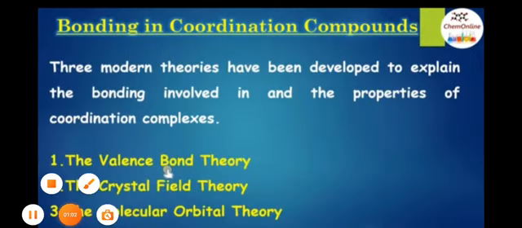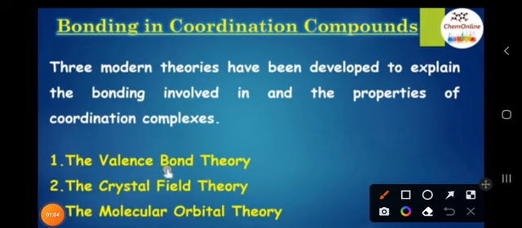Coming to bonding in coordination compounds: in coordination compounds, how is the bonding going to happen? Generally bonding happens by combination of atomic orbitals, or we can say the s, p, d, f blocks. Using these, the bonding will happen.